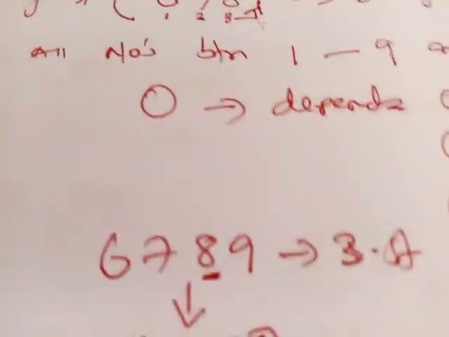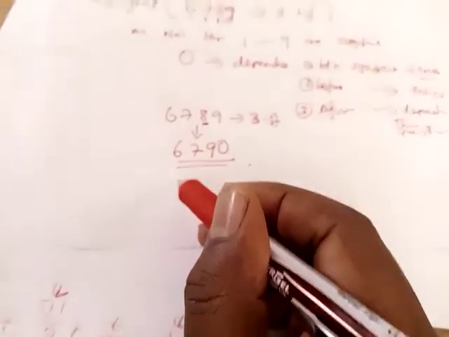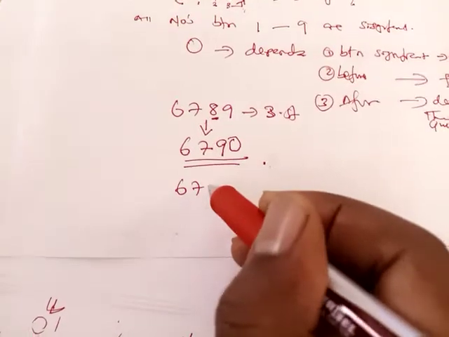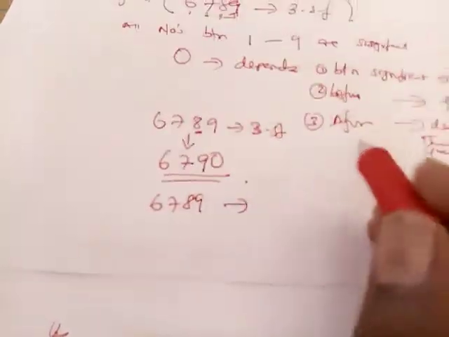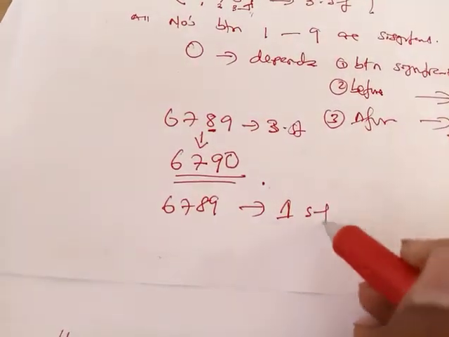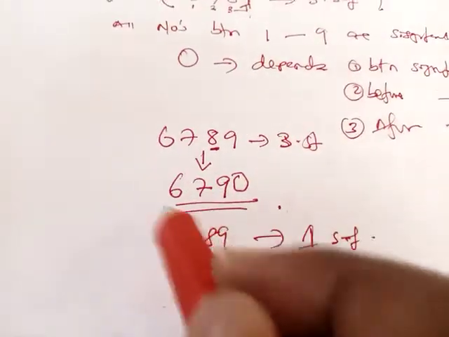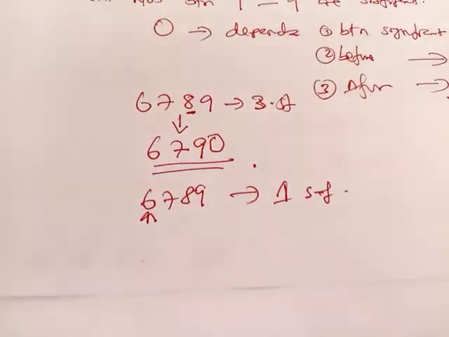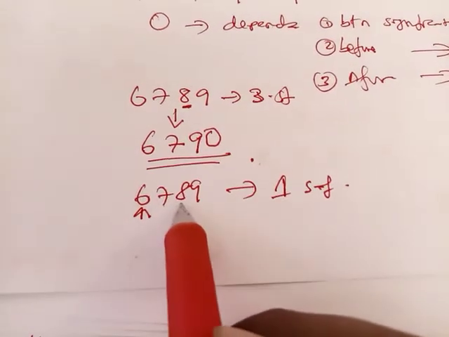Good. Right. Suppose I asked you to write this number, 6,789, to just one significant figure. So see, 6 here is the first significant figure, followed by 7, then 8 and 9.